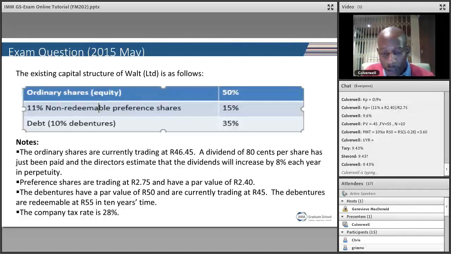So you multiply those two, and write the amount under the weighted cost.